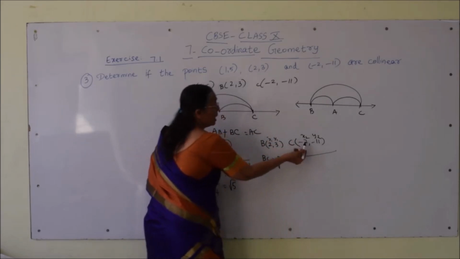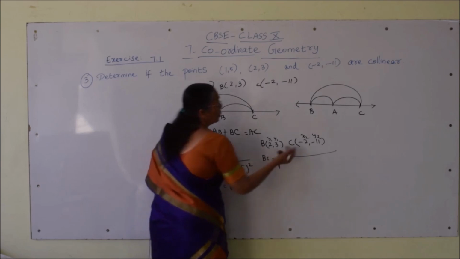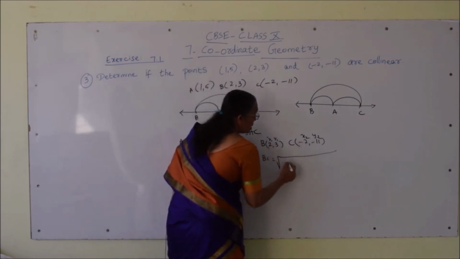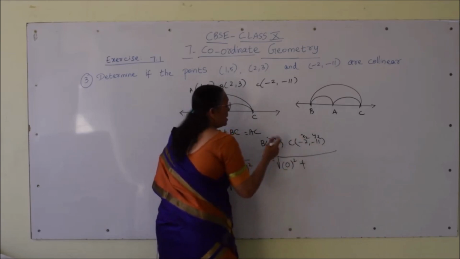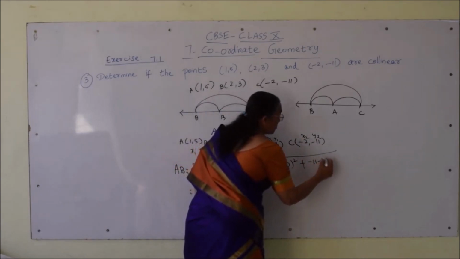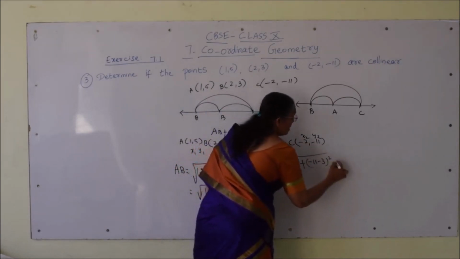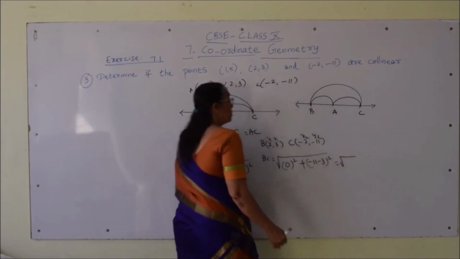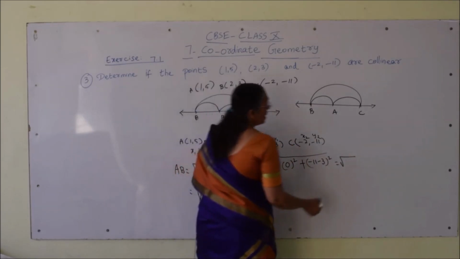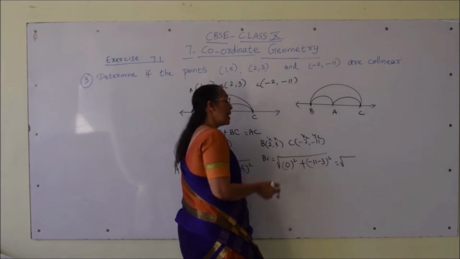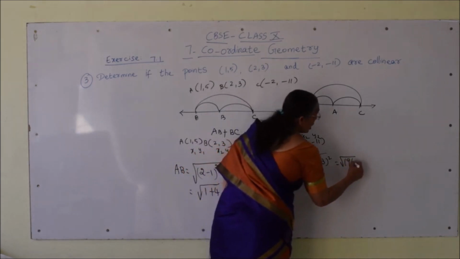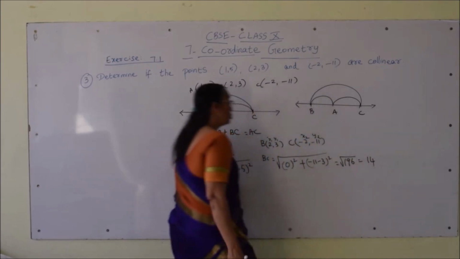By the distance formula, (minus 2 minus 2) whole square, 0 square, plus (minus 11 minus 3) whole square. Minus 11 minus 3 is nothing but minus 14. Minus 14 whole square is 196, and the square root of 196 is 14.